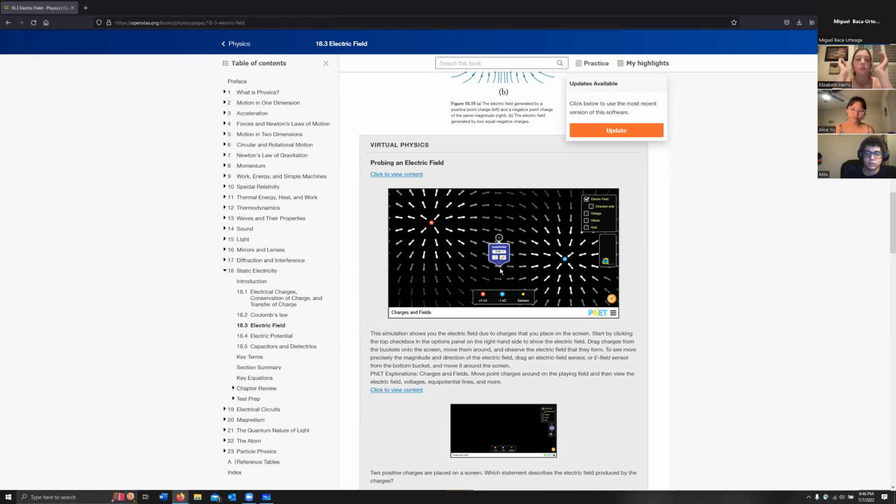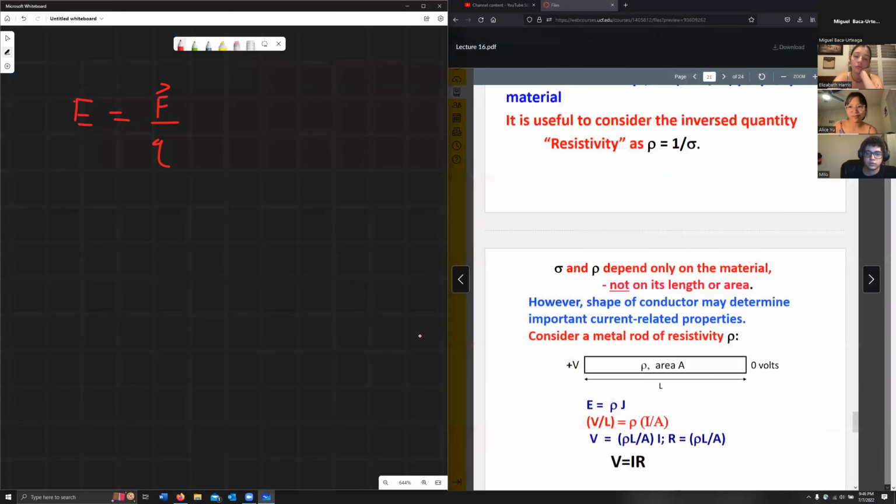This is the weakest point between the two charges. And then this is a sensor that points which way the electric field is going in that area. So in this one, the electric field is very much in that direction. Anyway, that's fun.